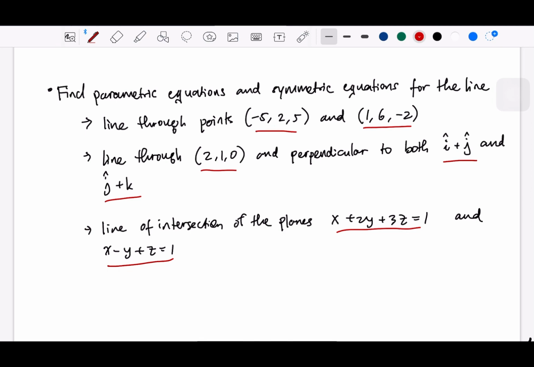So you can get the direction also from this perpendicular to both of this and this. And the third one is the intersections. So intersections means that you have a plane, this first plane, and then you have the second plane. And it's asking the intersection between these two planes.